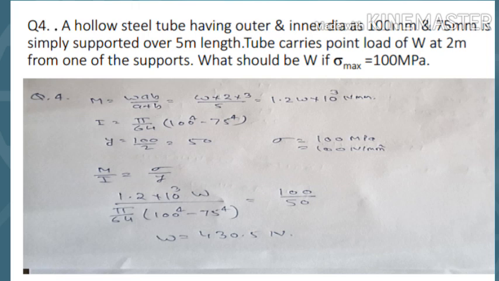Here a is 2 meter and b is 3 meter, so M equal to W a b upon (a plus b), that is 1.2 W into 10 power 3 Newton millimeter. Now using the formula M upon I equal to sigma upon y, we can get the value of W as 430.5 Newton.